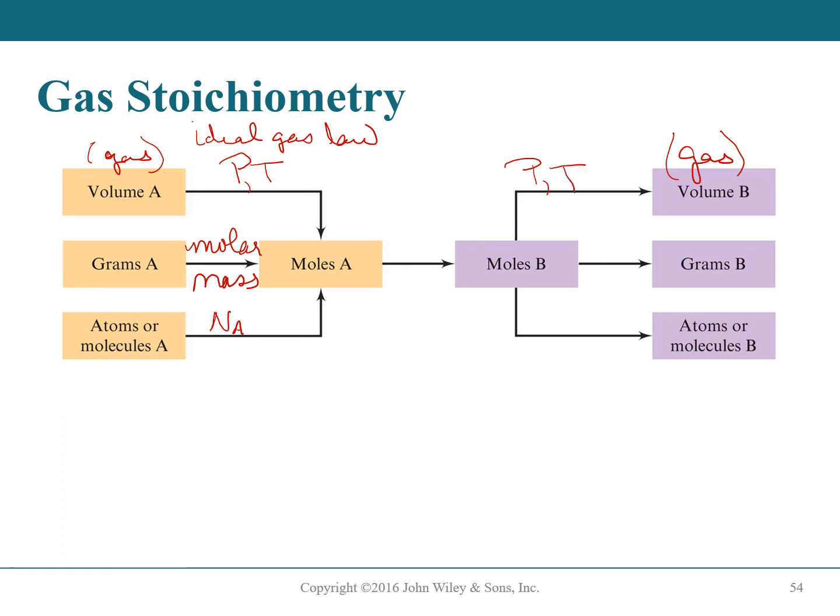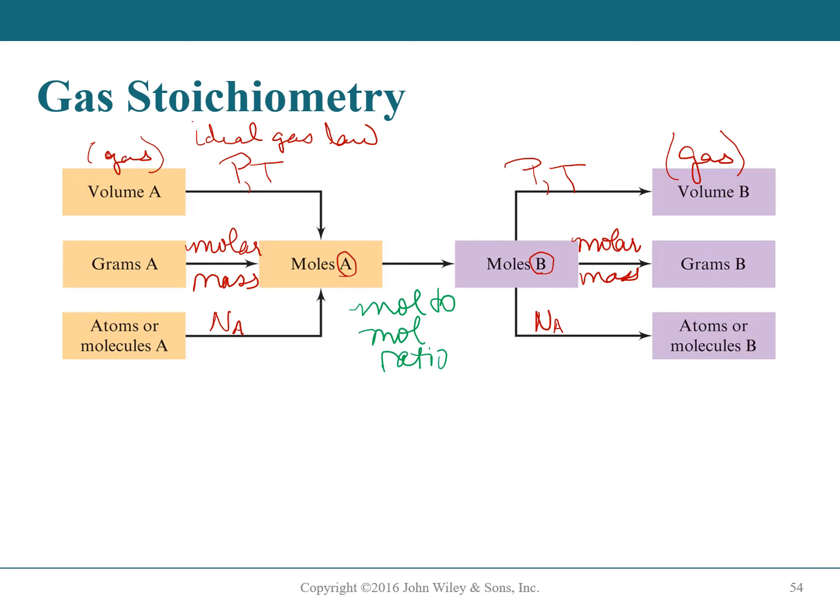Here, from moles of B to mass of B, you're going to need the molar mass of B. And then here you use Avogadro's number. But what about moles of A to moles of B? Notice it's still in moles, and all I'm doing is changing substance. So here you need a mole to mole ratio.